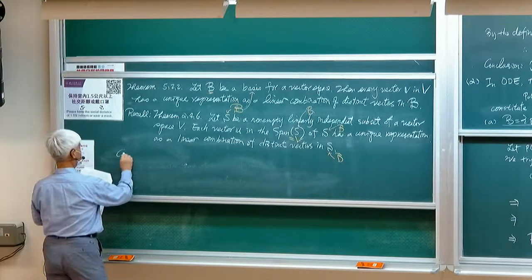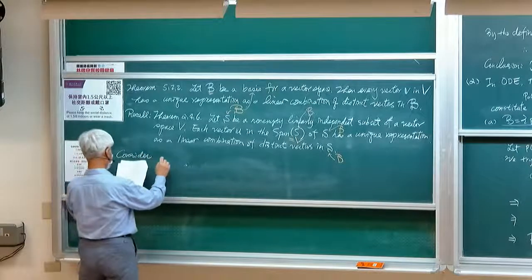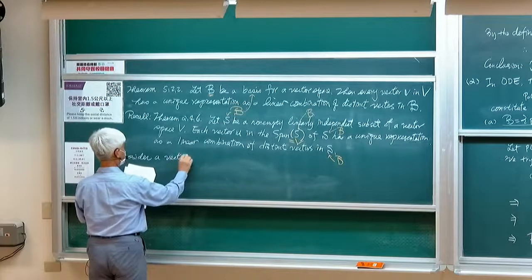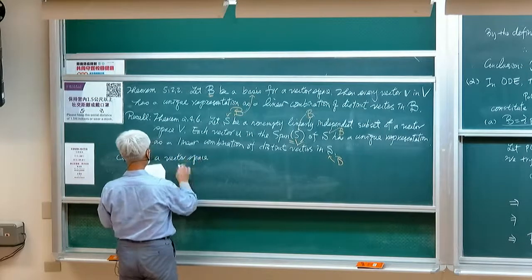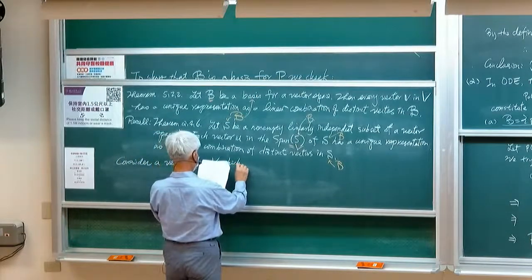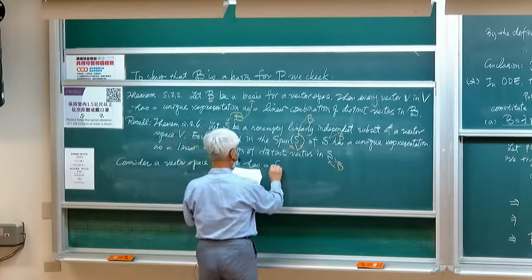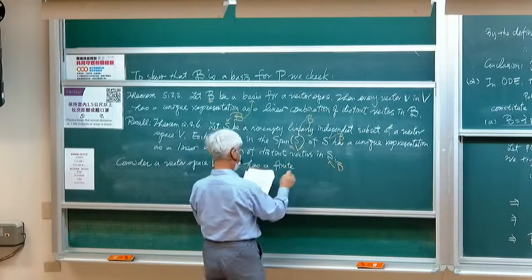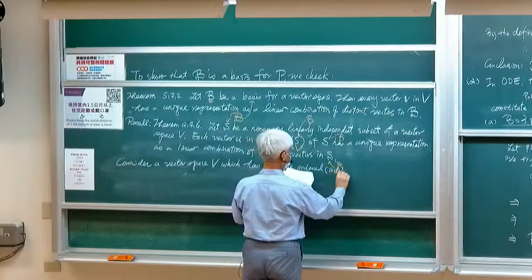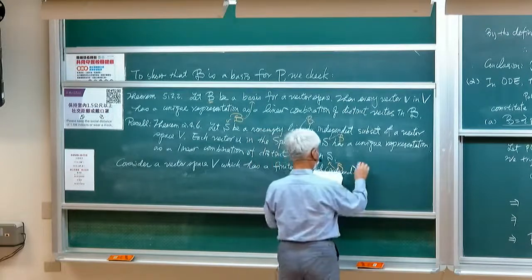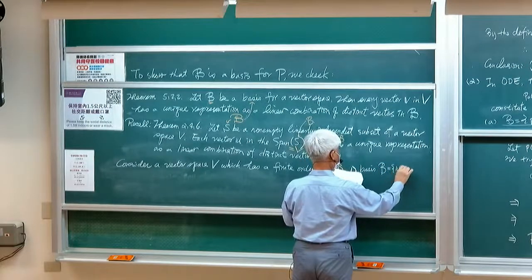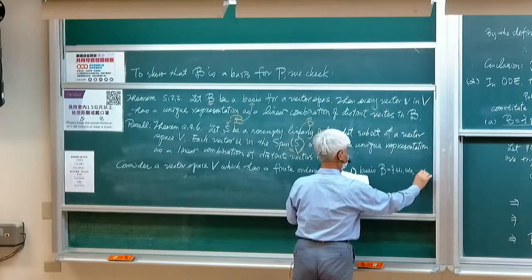So now we consider a vector space V, which has a finite ordered, or indexed if you like to say, basis B equal to u1, u2 up to un.